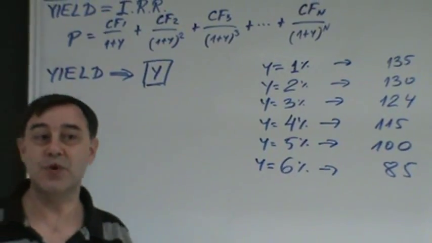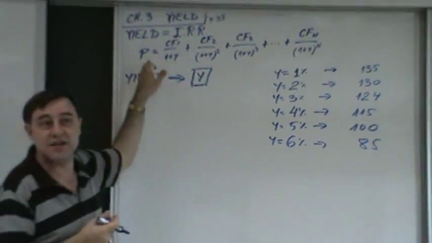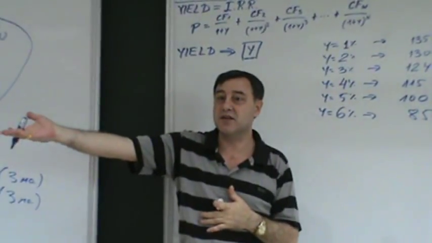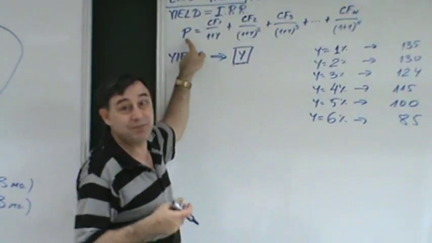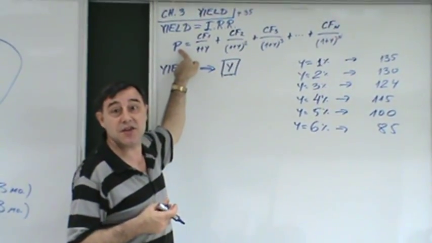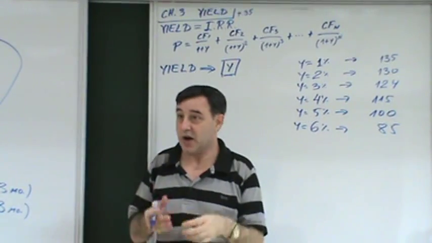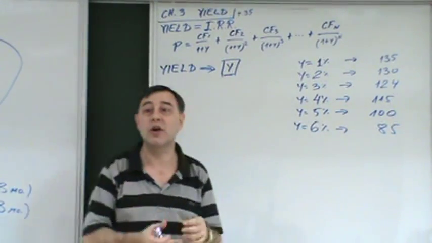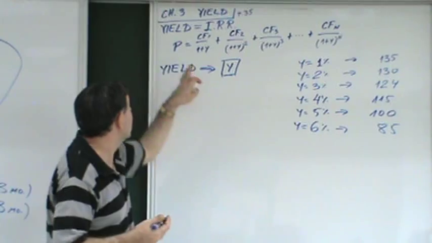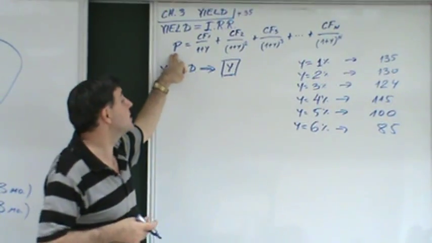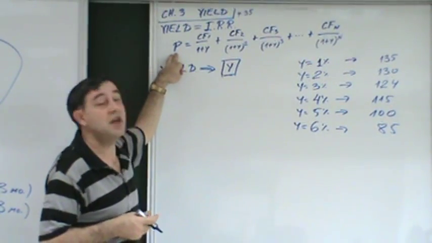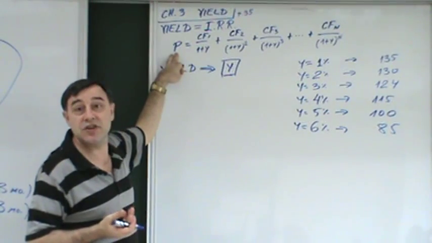And now comes the simple question. Well, what's actually the price? Well, the price you observe on the market. Or, if it's a project, you estimate the cost of a project. How much is it going to cost to build a stadium, or to build a dorm, or whatever. And they say, oh, the price that you actually see is going to be 110.